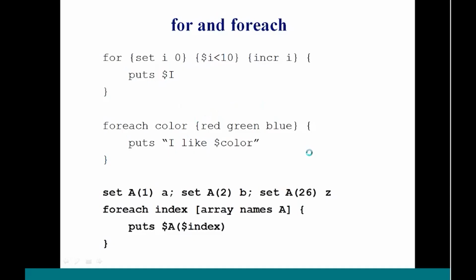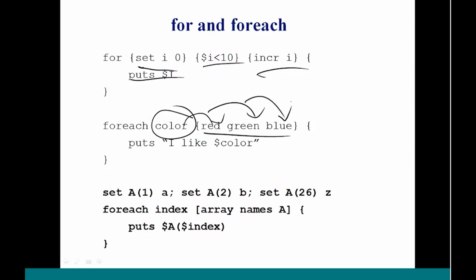Now we have for and foreach. For usually we say set I 0, then $I less than 10, increment I, and then puts $I. And foreach actually uses a list as its main argument, and it uses another variable in the middle, and this variable is taken through each of the values inside the list.